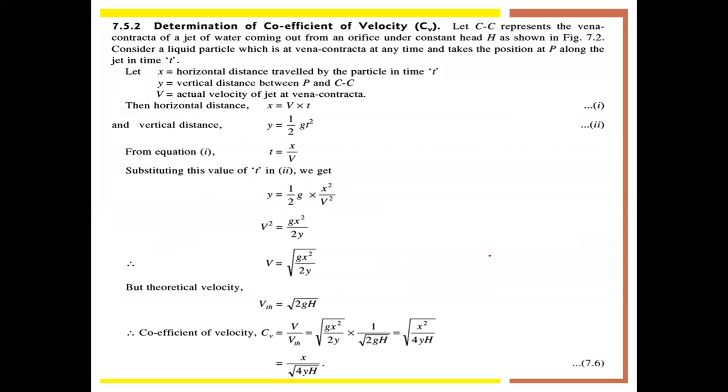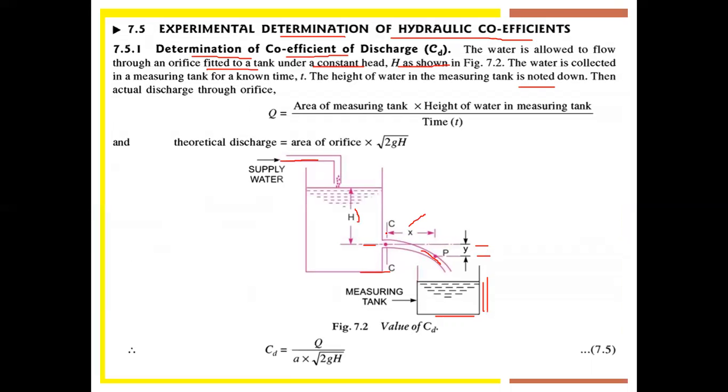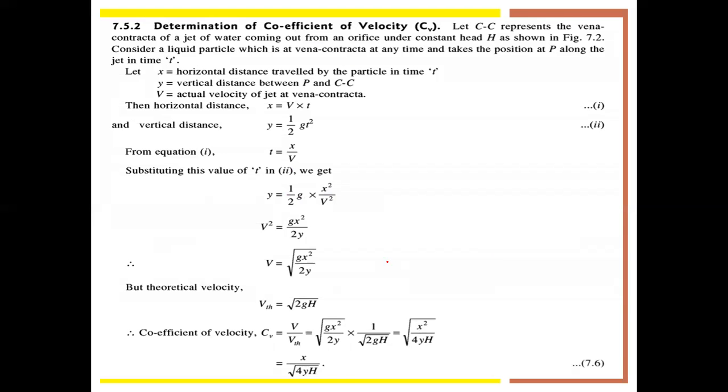Here let C represent the vena contracta. From this figure, this cross section is the vena contracta of a jet of water coming out from an orifice under a constant head. Let H be the head shown in the figure.